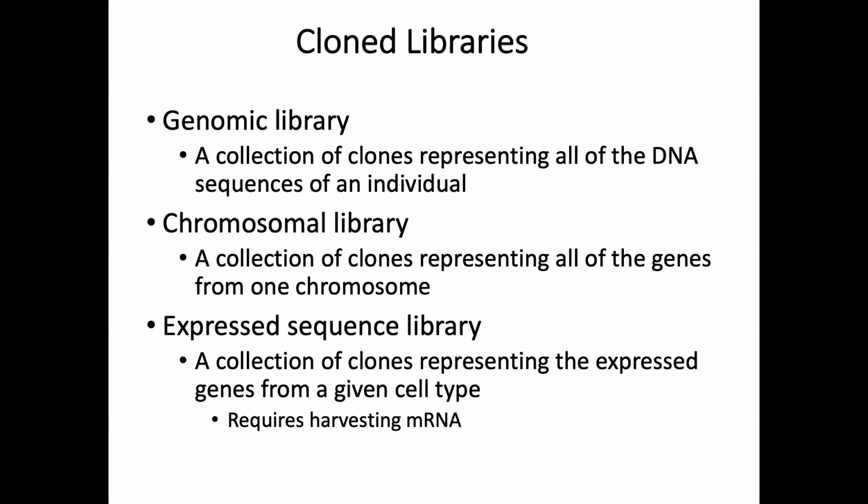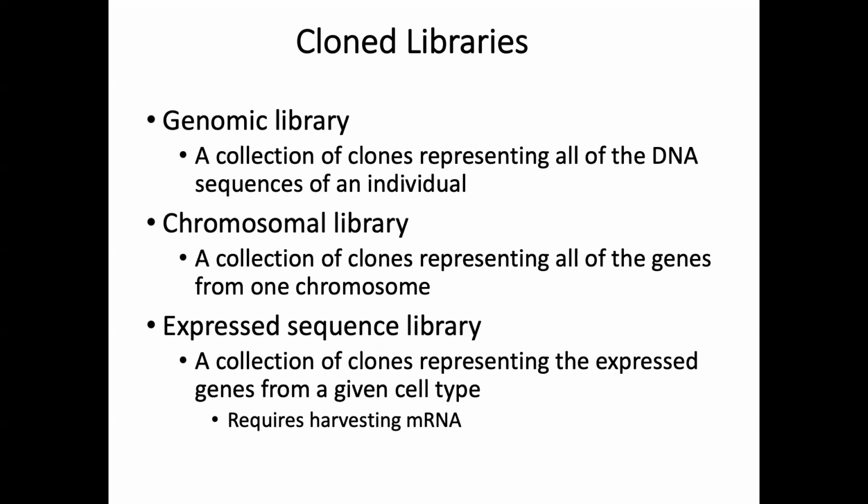Okay, for example, the genomic library is a collection of clones representing all of the DNA sequence of an individual. Right, and then the chromosomal library is a collection of clones representing all of the genes from one chromosome. And then expressed sequence library is a collection of clones representing the expressed genes from a given cell type.